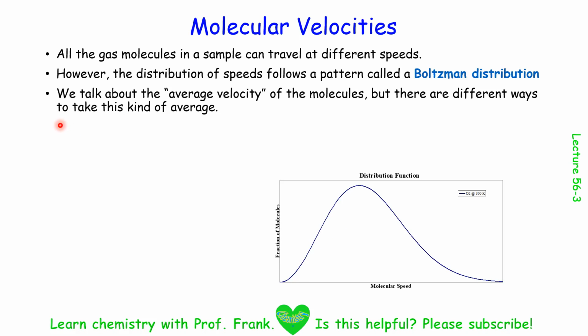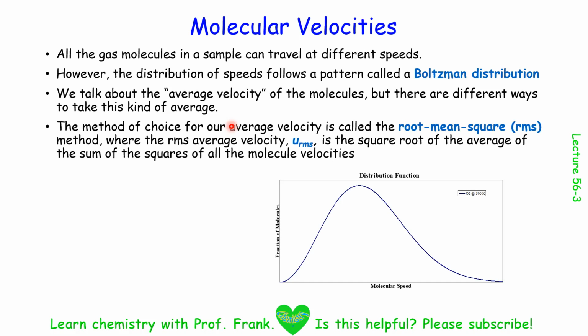There are different ways to calculate or estimate the average velocity. The most common way actually is called the root mean square, RMS, method.